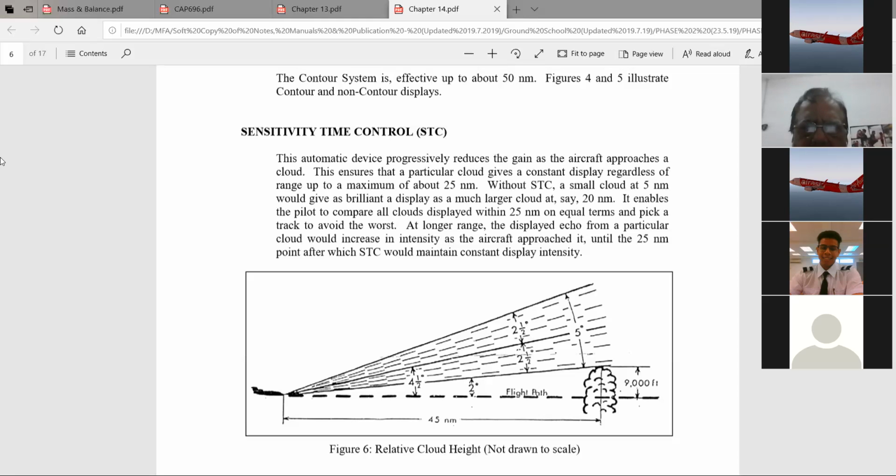Your beam width is 6 degrees and the tilt reading is +4.